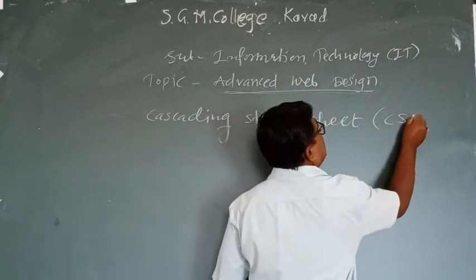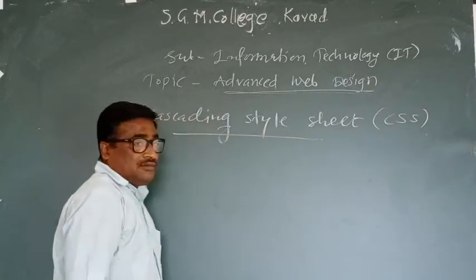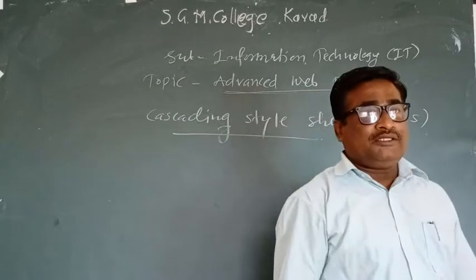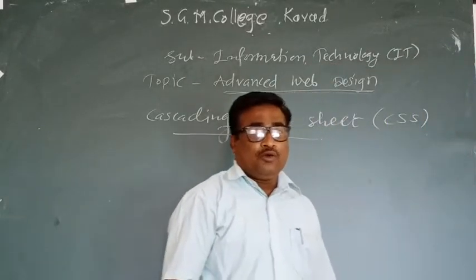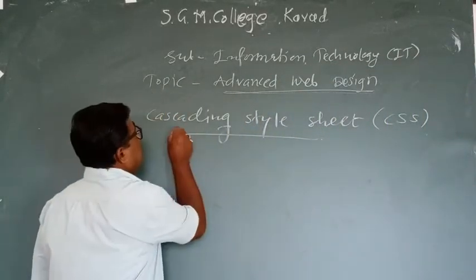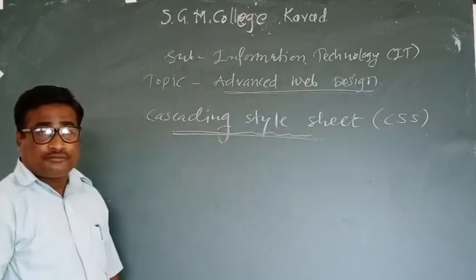Short form is CSS. Cascading style sheets means the styles which are applied on the web page. There are different styles applied on the web page.